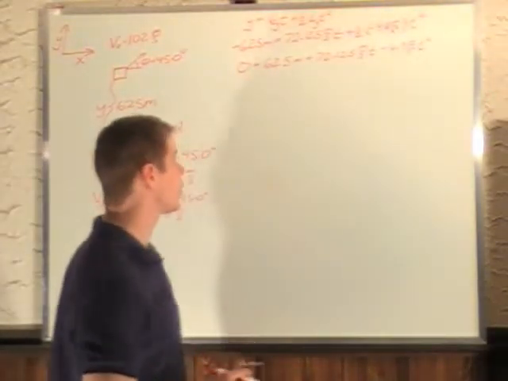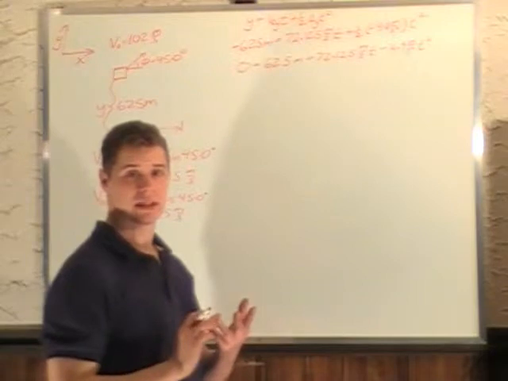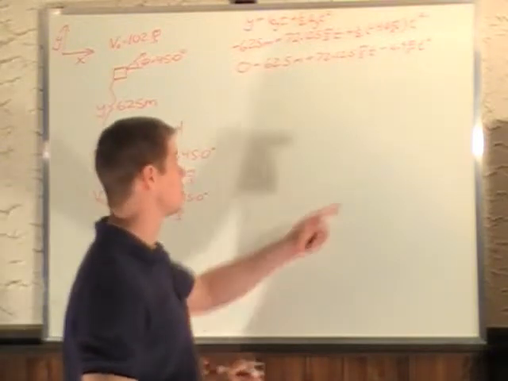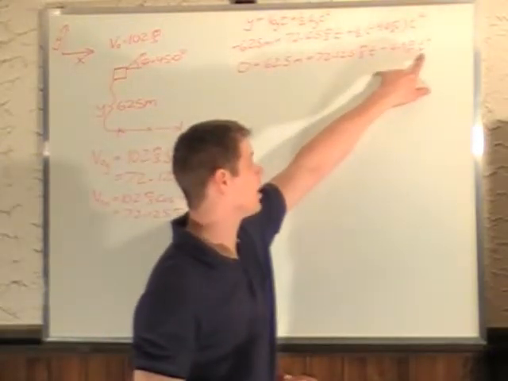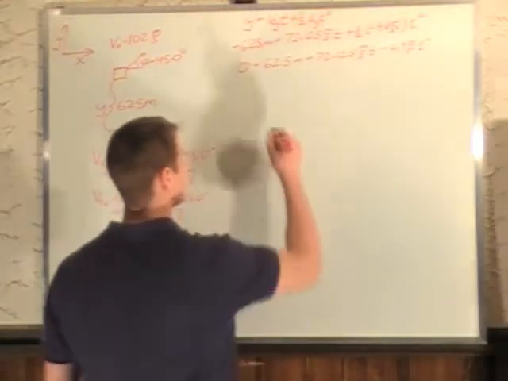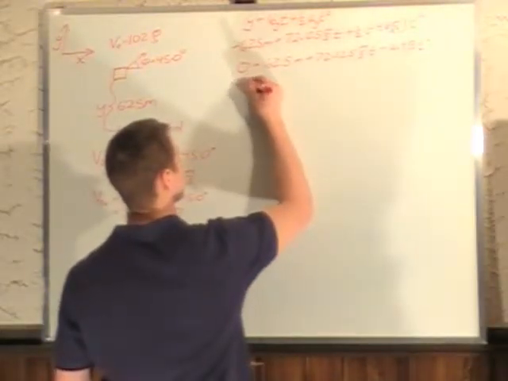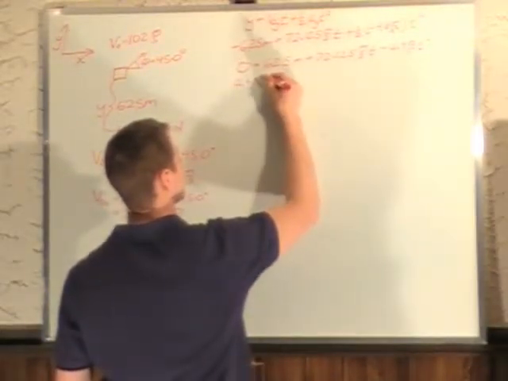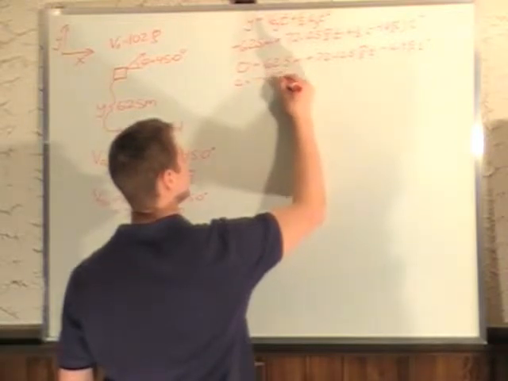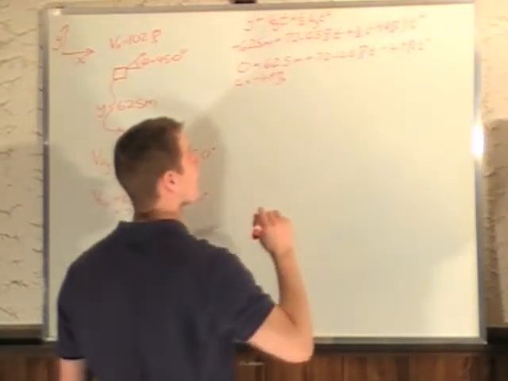So, quadratic formula has an a, a b, and a c. The a is always the squared term, whatever's multiplied by your variable squared. So that's a is minus 4.9 meters per second squared.